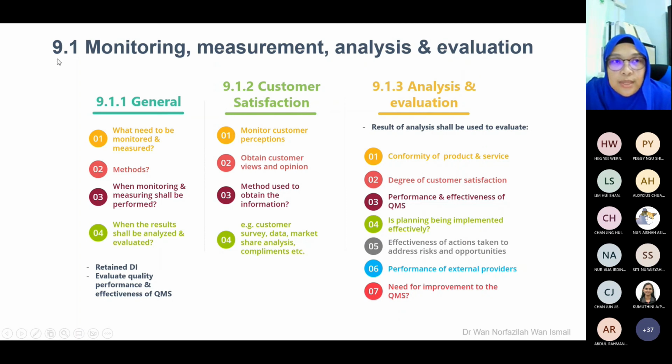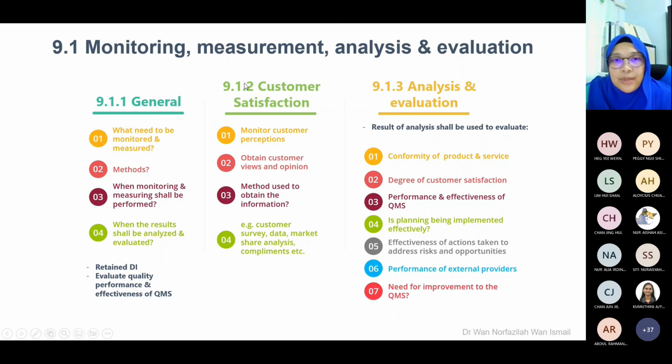When you are fulfilling the 9.1 clause, you need to evaluate the quality, performance and effectiveness of the quality management system. Tak boleh shock sendiri. You rasa macam, oh, performance dah okay, tapi sebenarnya tak efektif untuk quality management system.